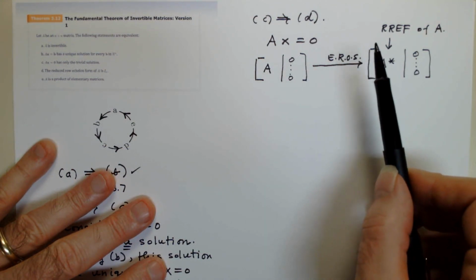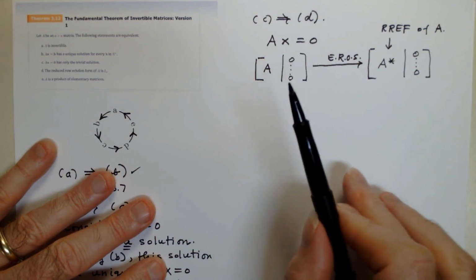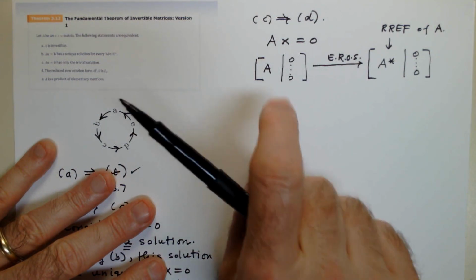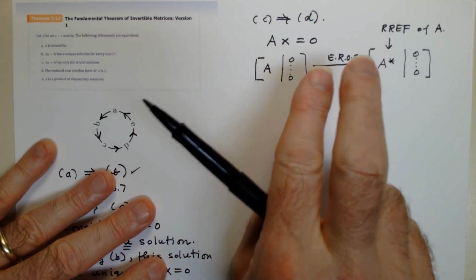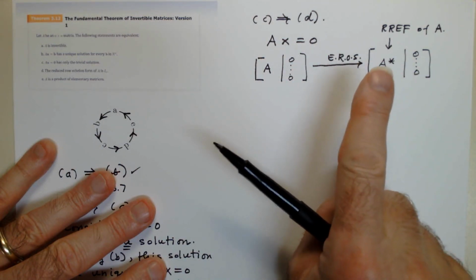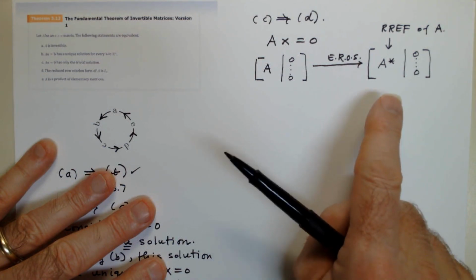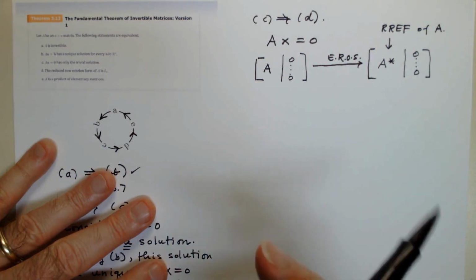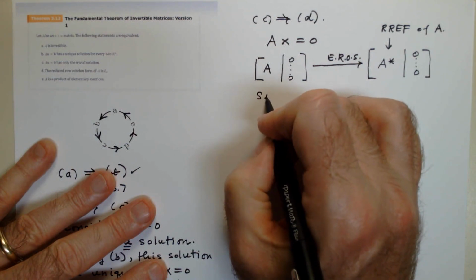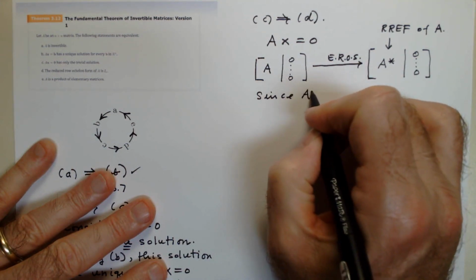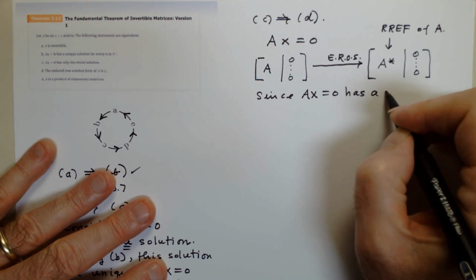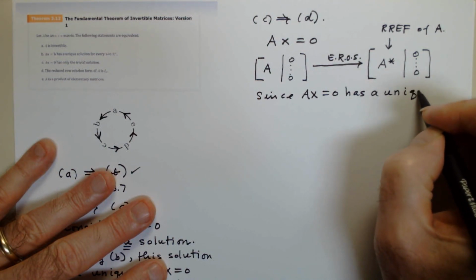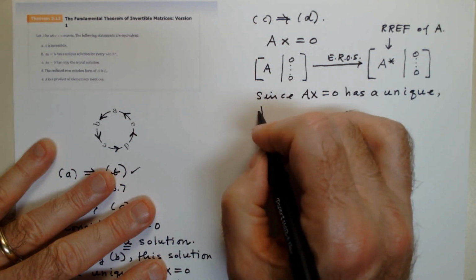And if there were a free variable, there would be infinitely many solutions. But we're being told that Ax equals 0 has only one solution. This system can only have one solution. And that means that there can be no free variables. So since Ax equals 0 has a unique solution, there are no free variables.